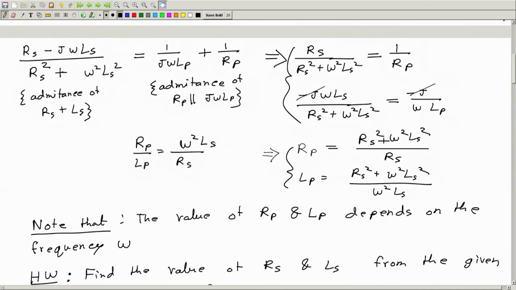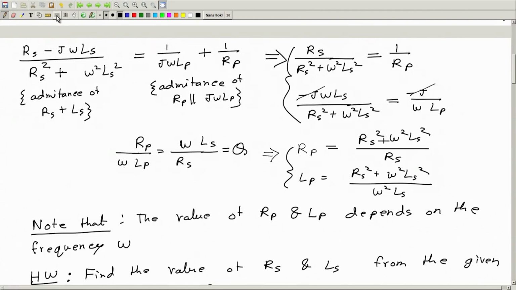Now, if we use this, let me multiply omega here and omega here, which will imply that I cancel 1 omega, and therefore, you see that we have omega Ls by Rs is same as Rp by omega Lp. And this is nothing but the Q factor which we have defined now. Quality factor is omega Ls by Rs, and this is same as Rp by omega Lp.